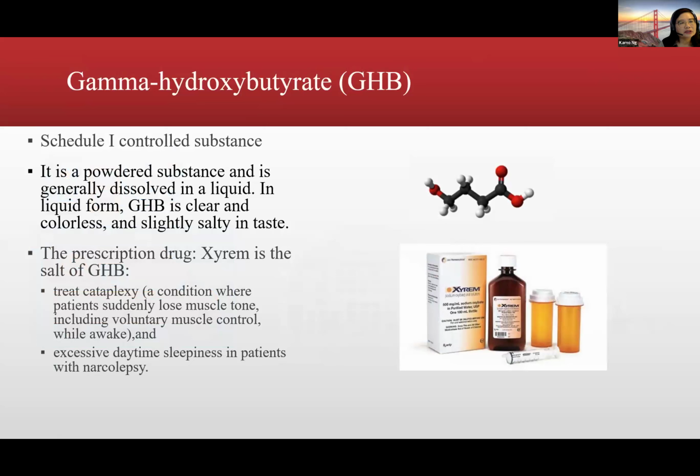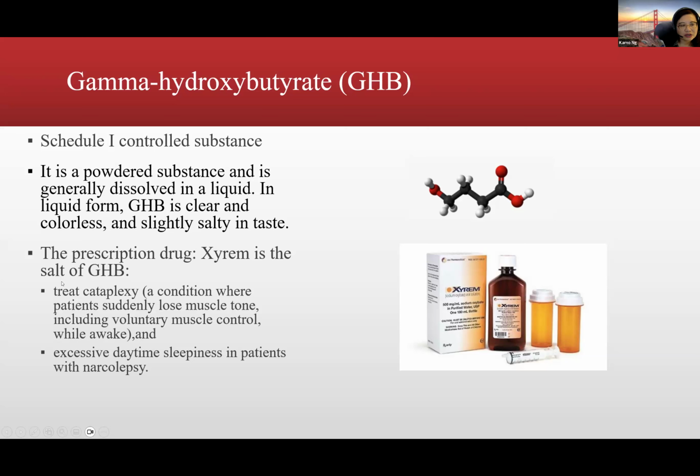The drug that we are trying to detect as a demonstration is GHB, gamma-hydroxybutyrate. Here is the structure. It is a Schedule 1 controlled substance. It is usually a white powder, or if it's in a solution, it is colorless. It tastes a little bit salty.